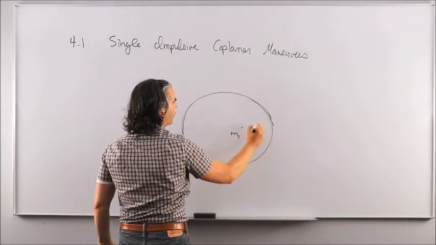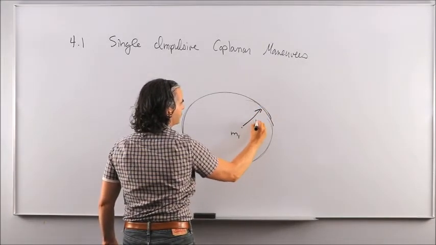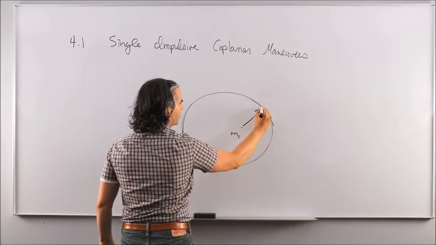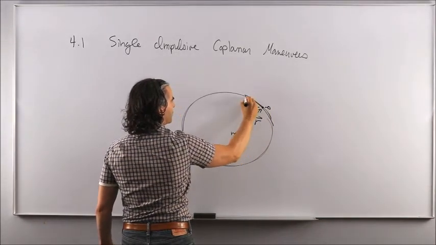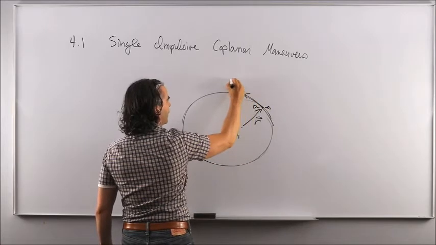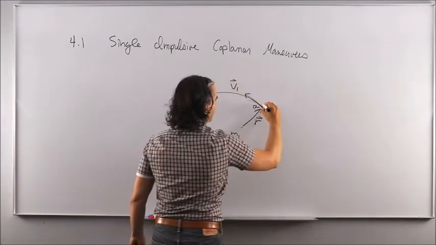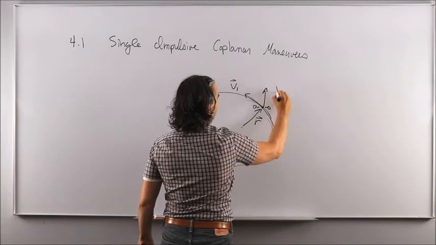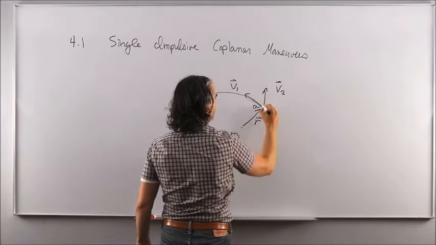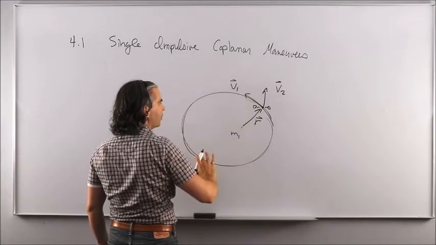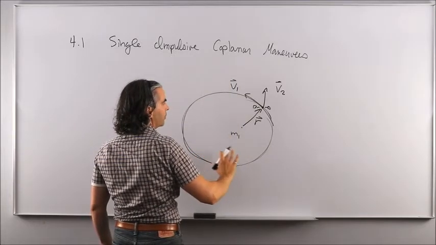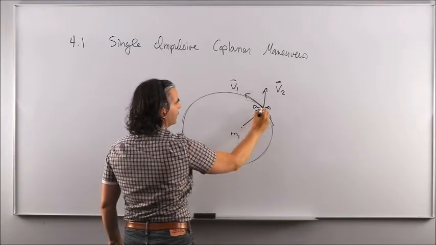And therefore, we're going to go from a position vector r with the spacecraft current velocity vector v1 up to another velocity vector at the same position, but everything will be contained within the whiteboard plane or the orbital plane.